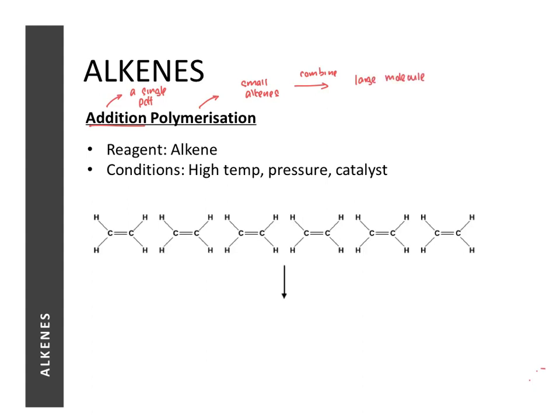So this large molecule is given the name polymer. The small alkenes that make up the polymer are called monomers, and this process where monomers combine to form a polymer is called polymerization.